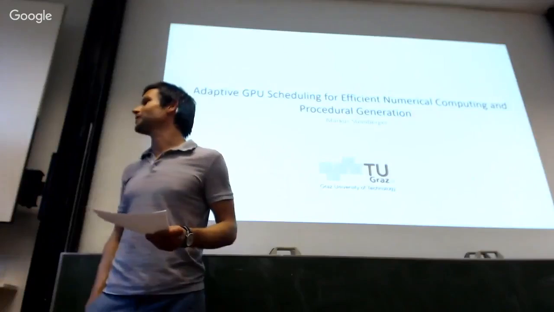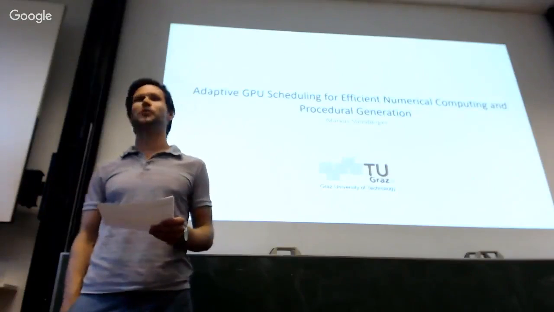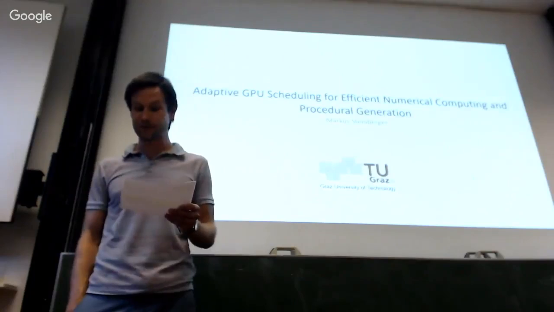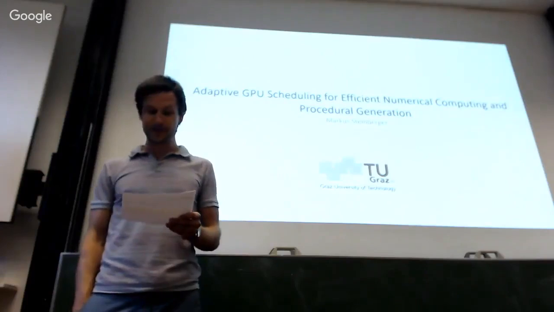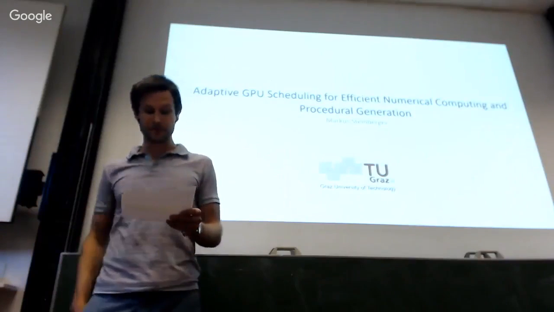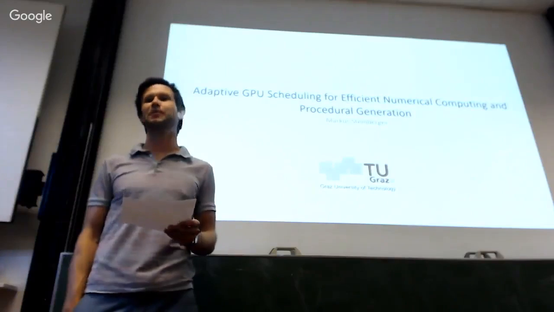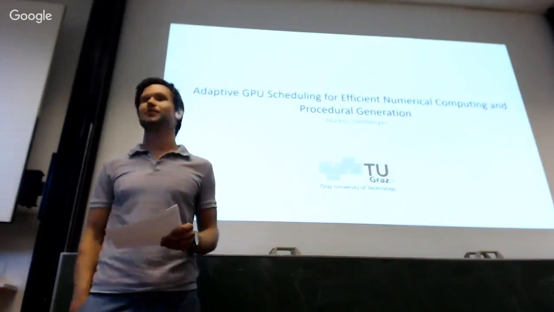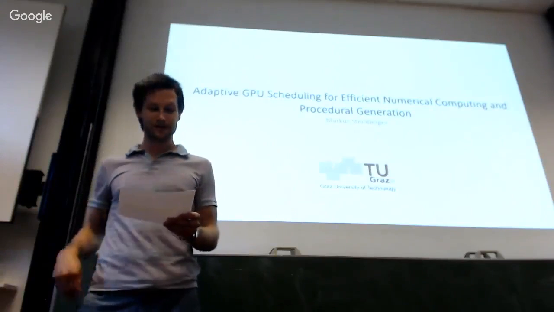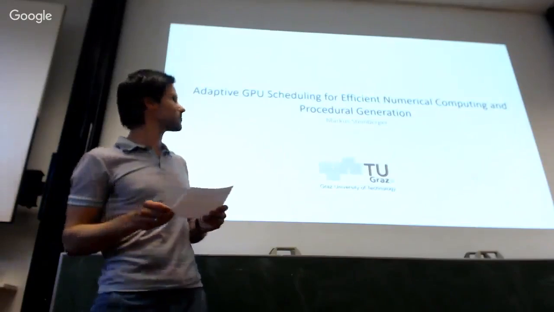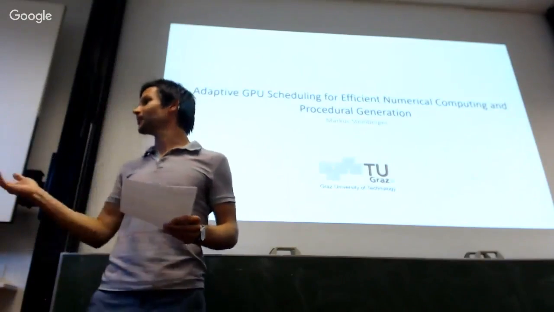And before that, I forgot to mention, he got his promotion as Sub Auspicius Presidentis, which is a nice achievement. And after his junior group position at Max Planck, he moved back to Graz University of Technology to have a group there as assistant professor. And Markus is going to talk about adaptive GPU scheduling, and we're looking forward to the talk.